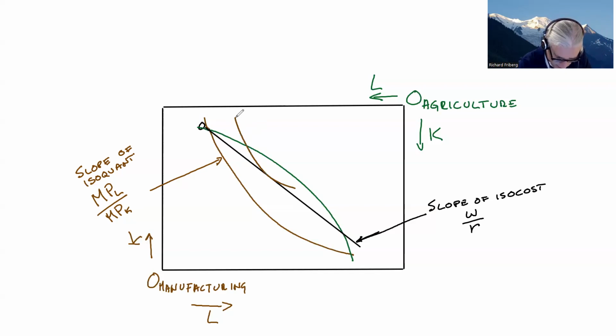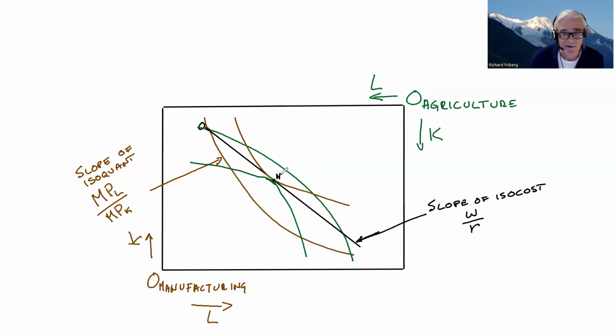So say some capital moving out from manufacturing and into agriculture, people moving from agriculture and into manufacturing, we would reach a new point like here. This is not looking great, but you get the point. So a point like N here.